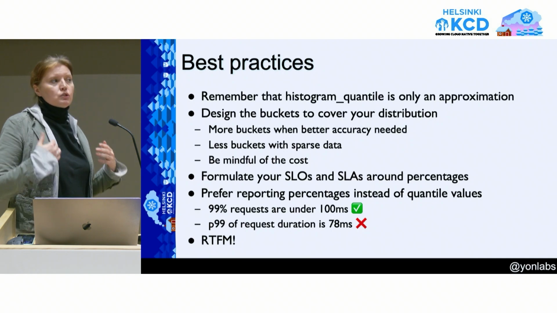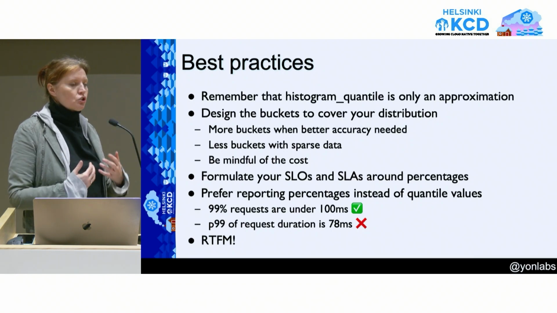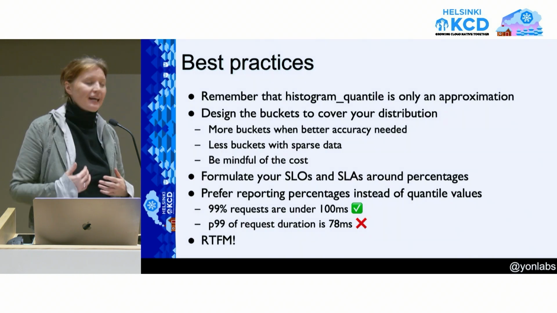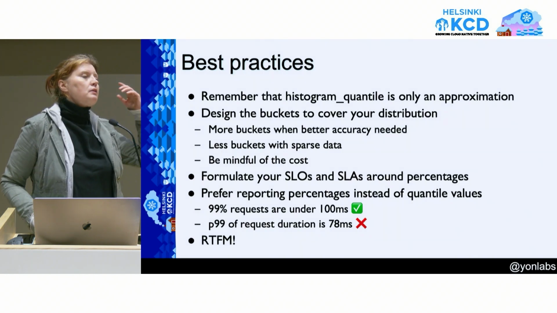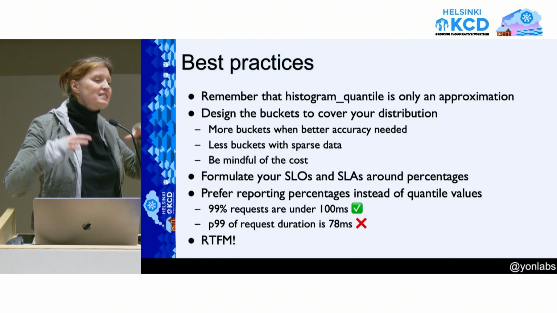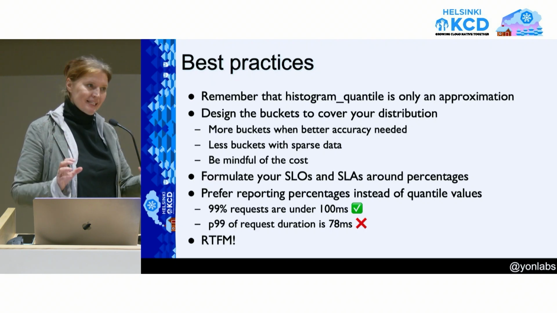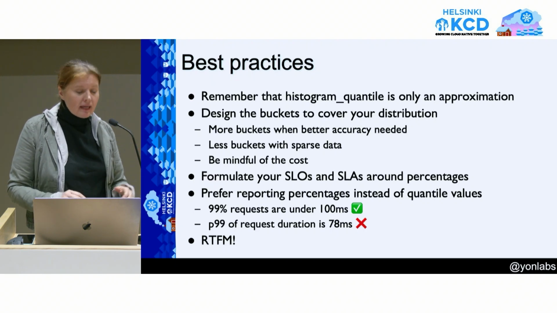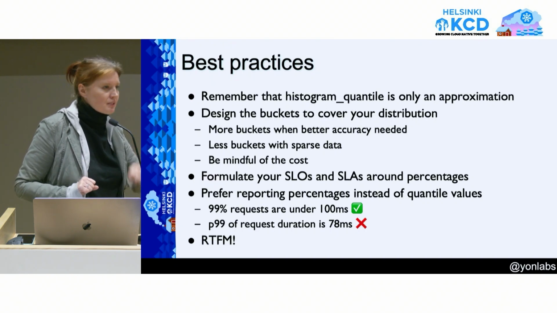So it's better to formulate your SLAs and SLOs around percentages instead of percentile values, and report in such a way that you don't expose those estimates to customers or other teams, because they are misleading. And RTFM, all this information is in the docs.